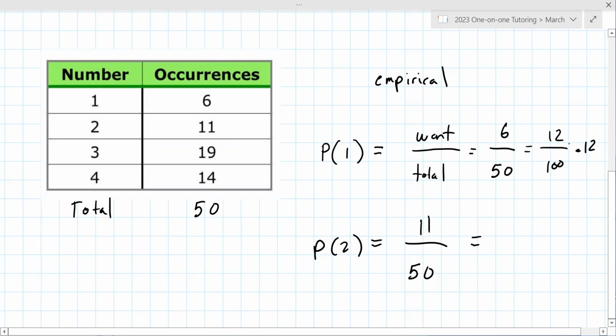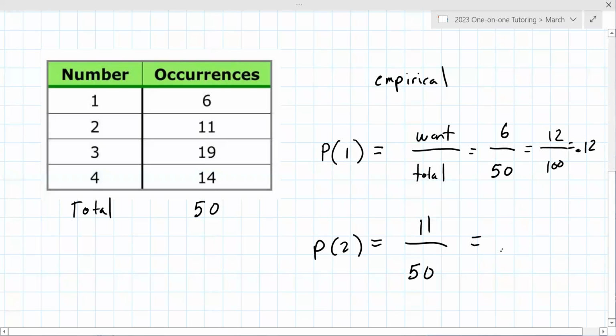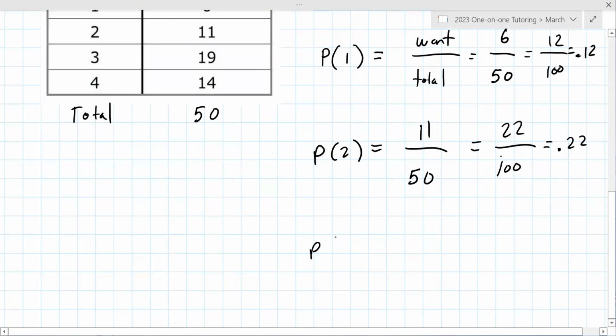What is that as a decimal? One of the reasons I went to 100 is because when you get to 100, you can easily go to the decimal because it's just a number. So 0.22. Good. Now, can you find the probability of 3 and then the probability of 4 for me, please?